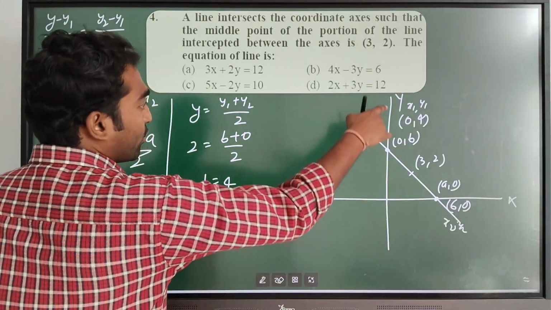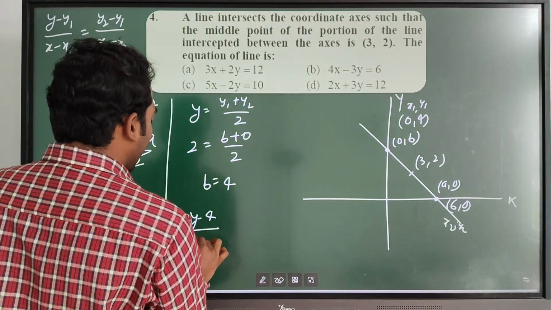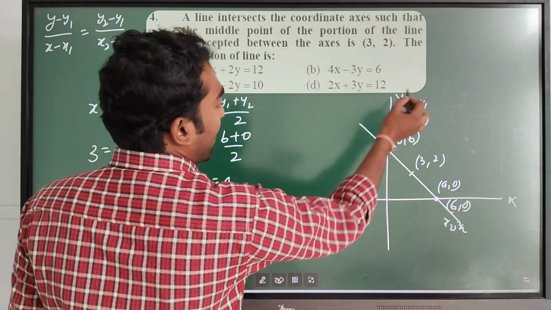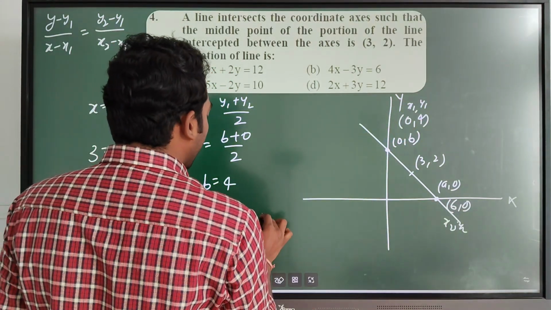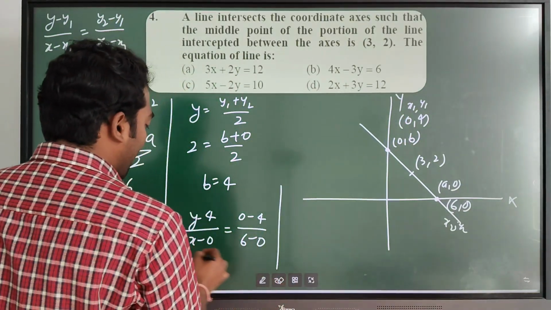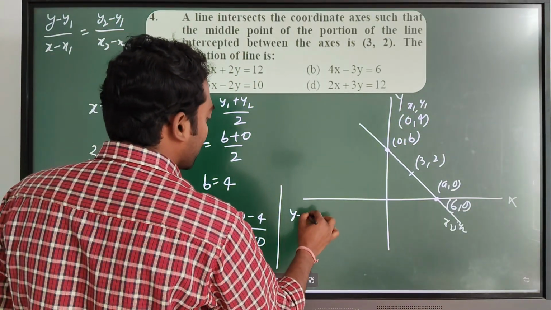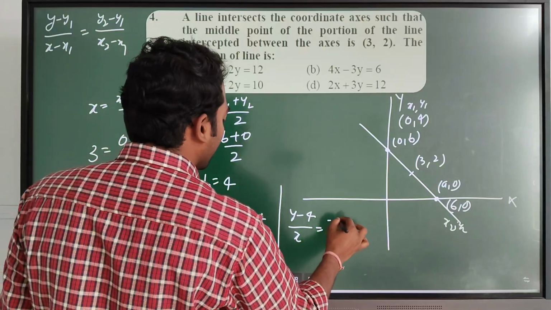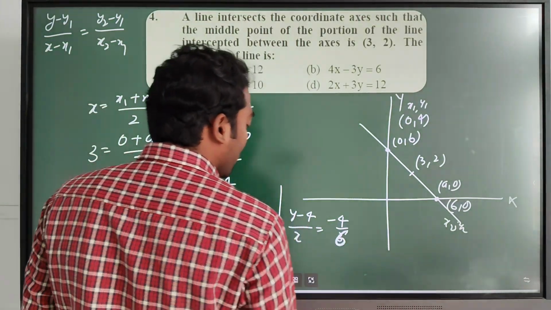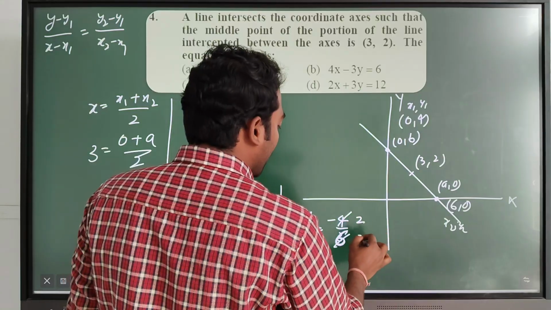So y minus 4 divided by x minus 0 is equal to 0 minus 4 divided by 6 minus 0. After solving, y minus 4 divided by x is equal to minus 4 by 6, which is minus 2 by 3.